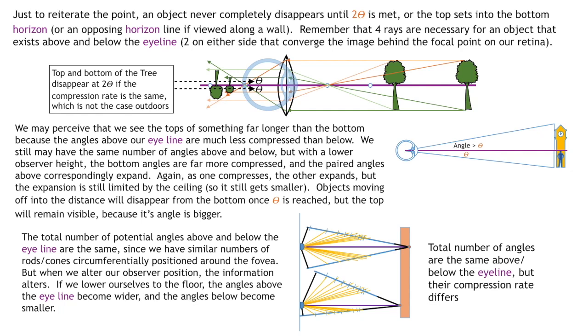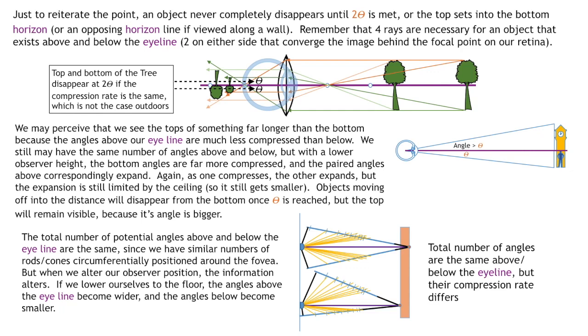If you're slightly closer to the floor than you are to the ceiling, then theta is met along the lower aspect of the eye line sooner than it is above. Likewise, if you are closer to the ceiling than you are to the floor, theta is going to be met along the ceiling a lot quicker, and the object will disappear along the top.